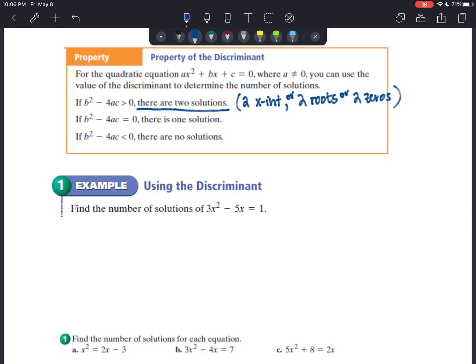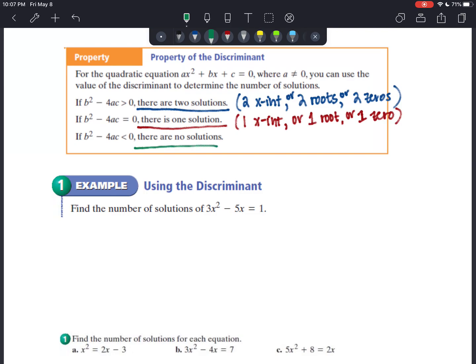We can use any one of those words. Then when b squared minus 4ac equals 0, there is exactly one solution. That means there's one x-intercept, or I can say 1 root, or 1 zero.